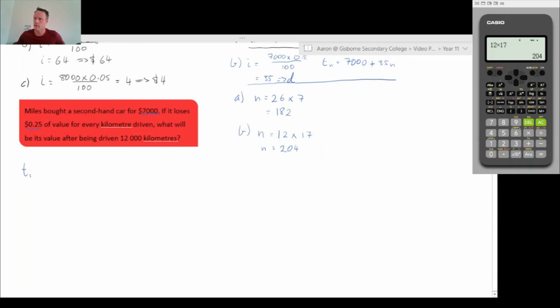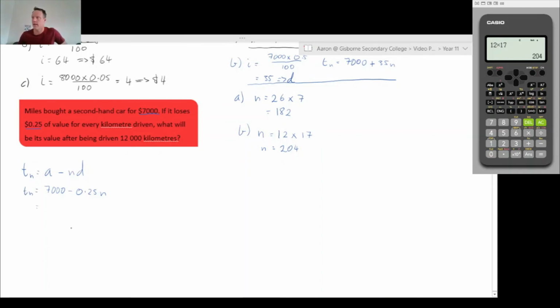So Tn, same as always, equals A, it's going to be a minus nd, because it's depreciation. And we know that he bought a second-hand car for $7,000. Saved up his hard-earned cash. And it depreciates at 0.25 times n. Now I'm going to keep that there. I could have put in the n straight away, but just to show how we set up the equation.